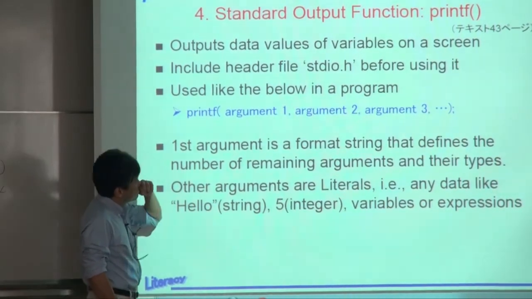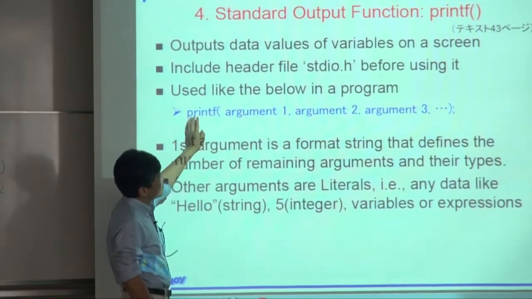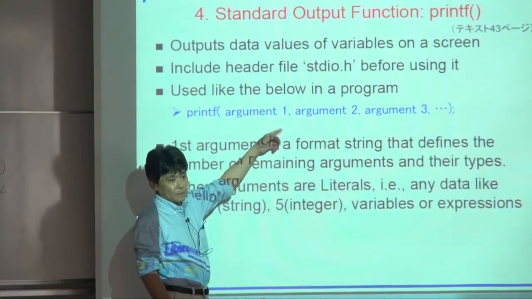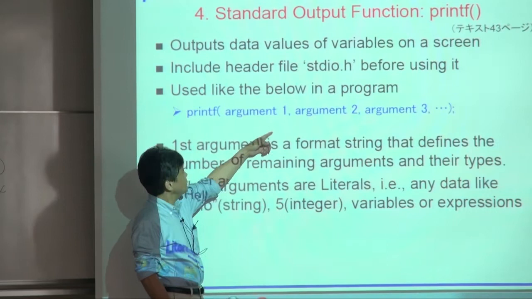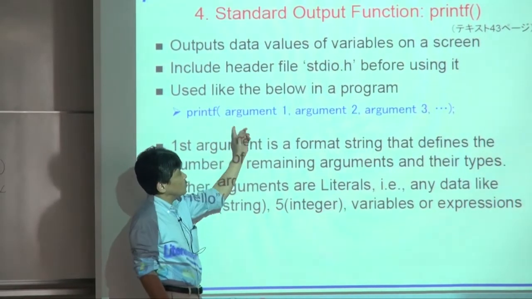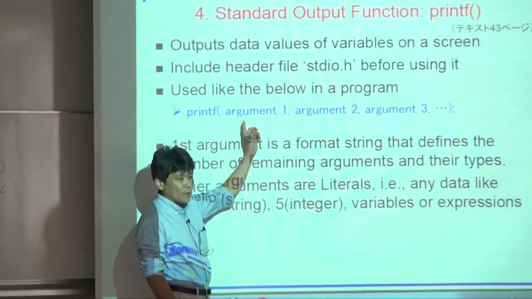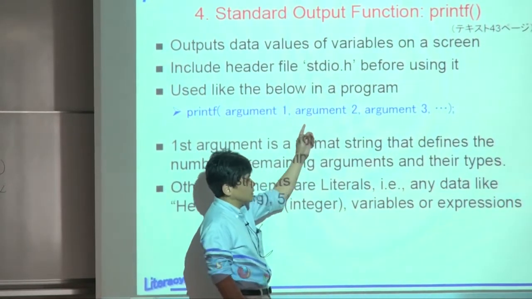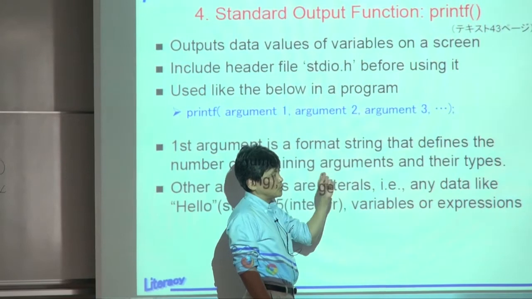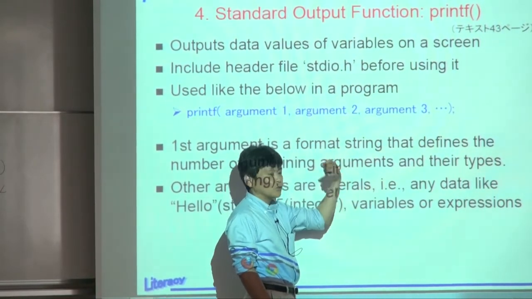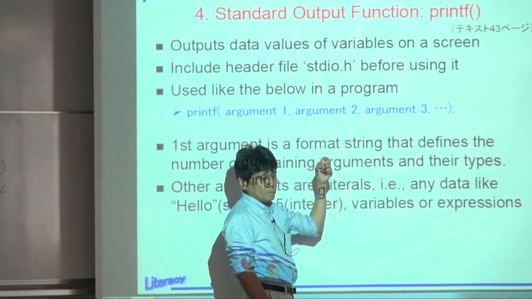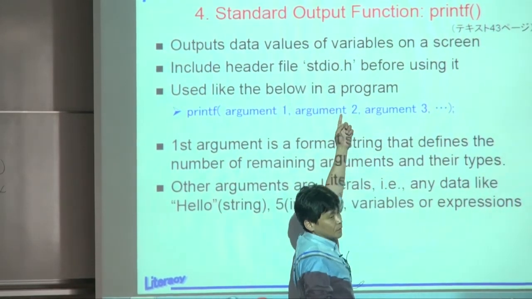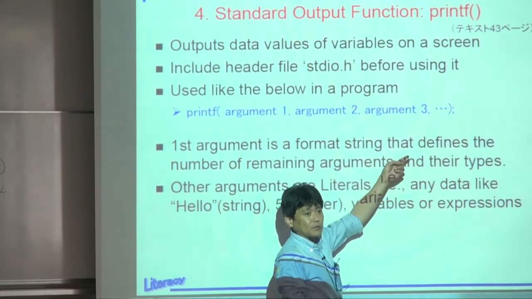And the printf function has this format. There are several arguments. The first argument is treated as a format string. The format string defines how you want to output the values of the second argument, third argument, on the computer screen.